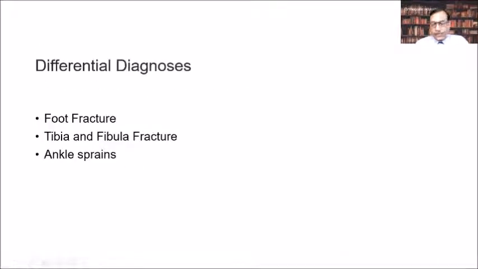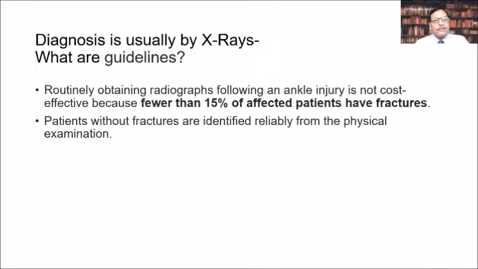Differential diagnosis: foot fractures, tibia and fibula fractures, and ankle sprains. Diagnosis is usually by X-rays, and the guidelines are very simple. Routinely obtaining radiographs following an ankle injury is not cost effective.